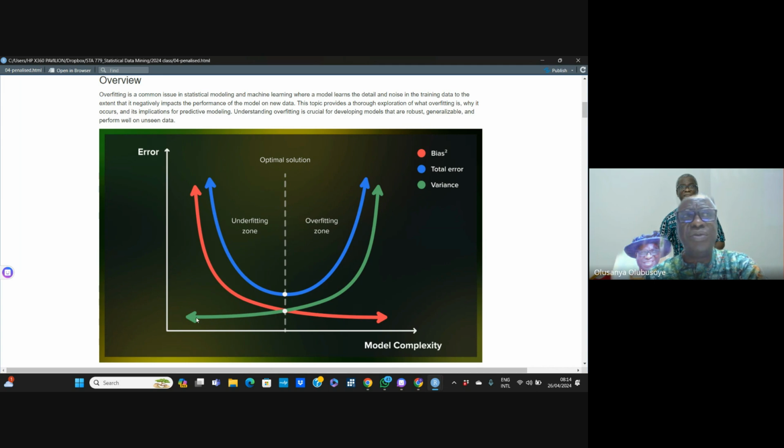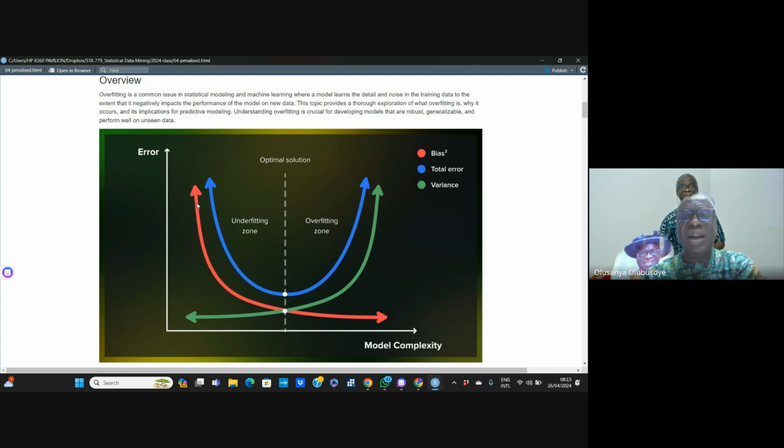So when you use the model for new data, it's going to do well. That's what this one means. But there will be a problem within. So the model, in terms of the bias square, will be very high.